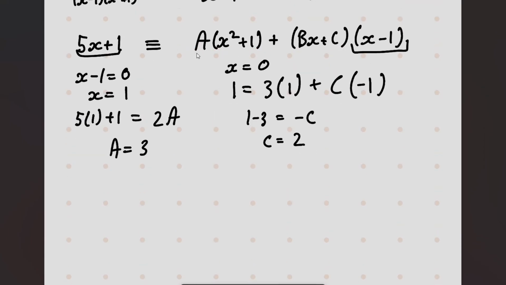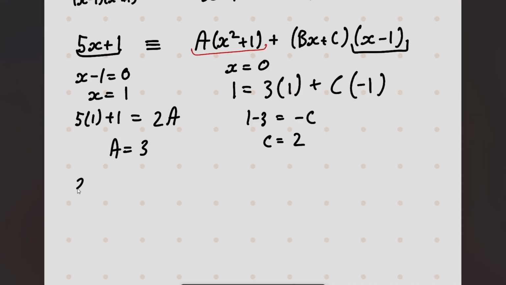So how are we going to deal with x squared plus 1? What value of x should we put so that we get 0 and hence we don't have to deal with that? Well, there really isn't a way, because any number that is squared is always going to be positive. So trying to find that value of x is going to lead to nothing. So what you're going to do instead, just like we did in our previous type, is take another random value.